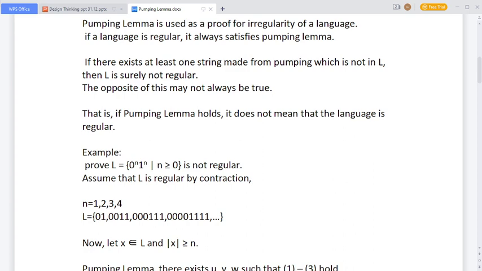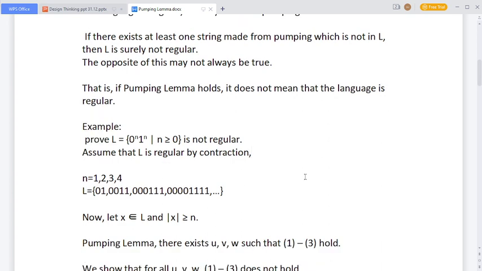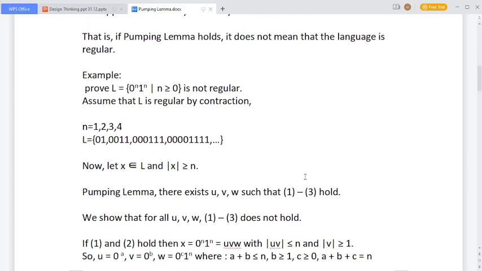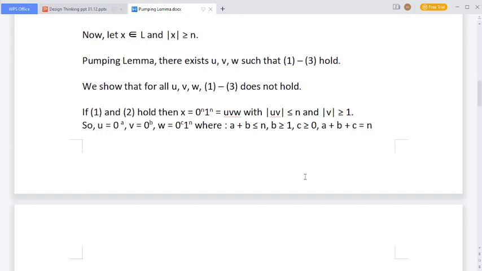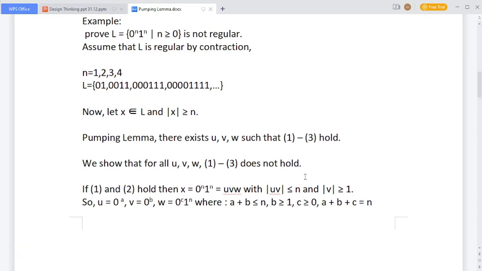Here I have an example. Prove that L equal to 0 power n, 1 power n, where n is greater than or equal to 0, is not a regular language.